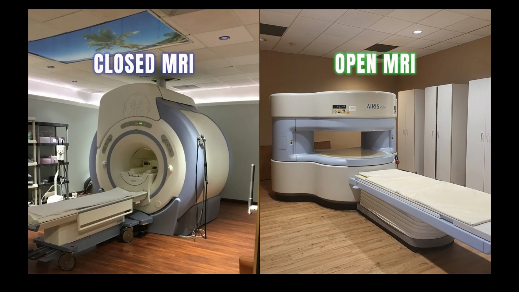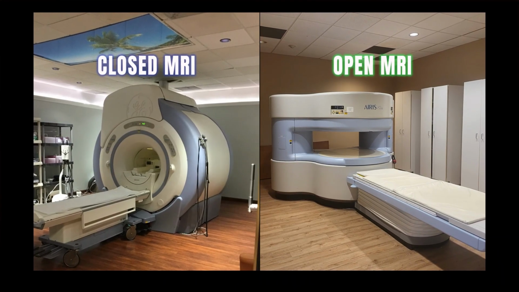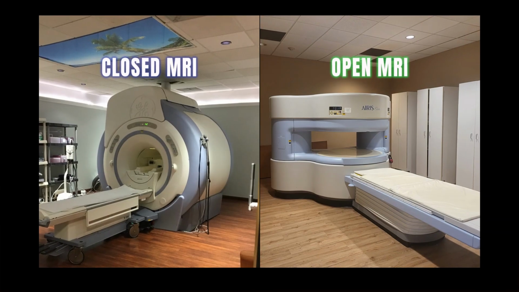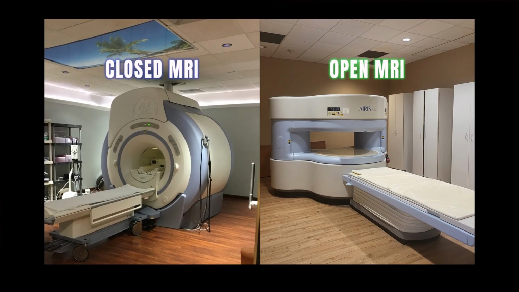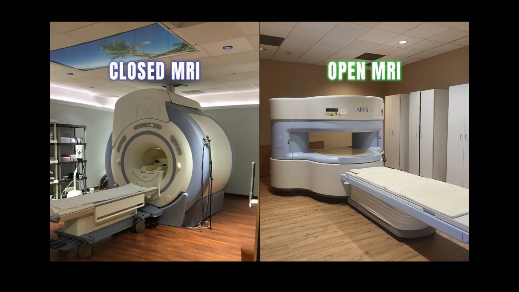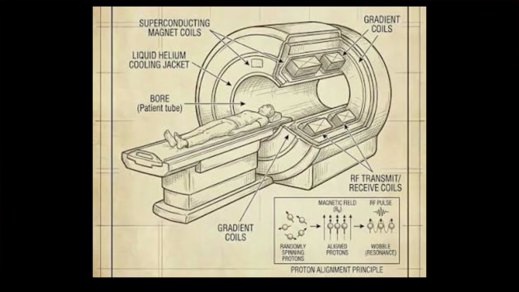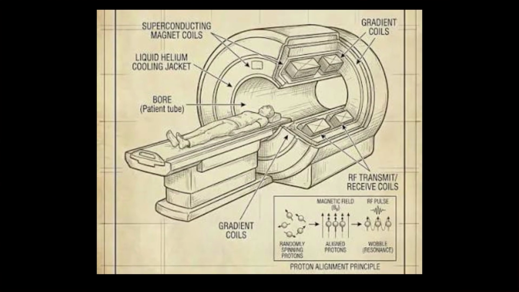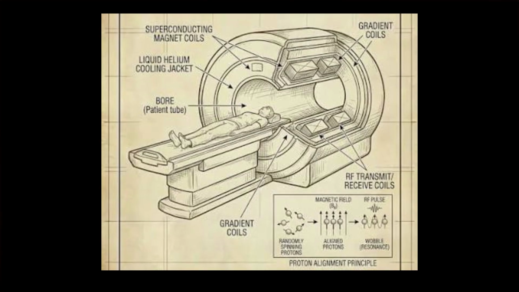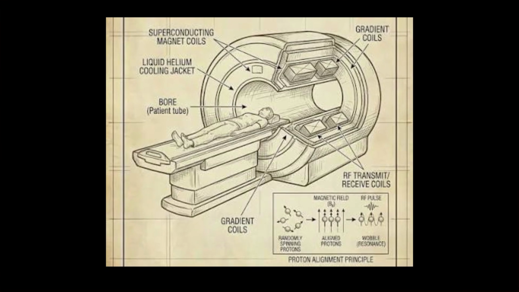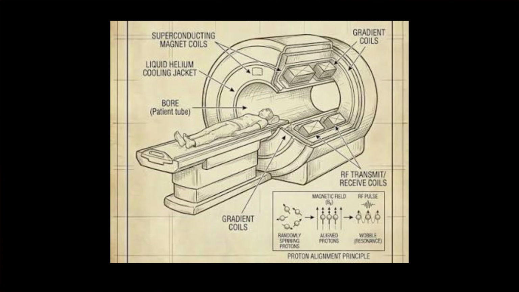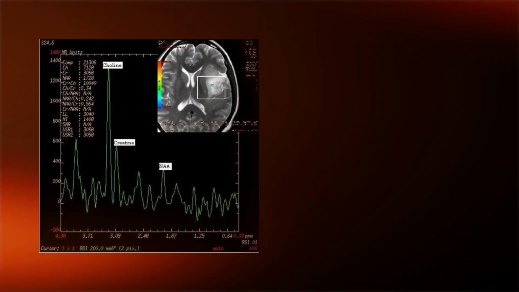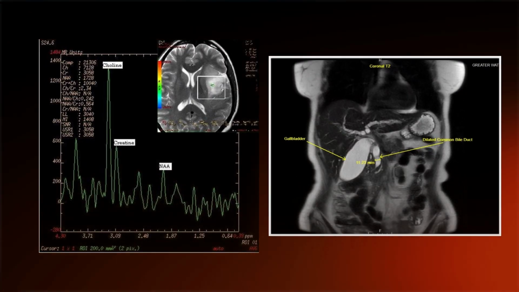Just like you see on my screen, again, there are two types. We have the closed MRI and we have the open MRI. The closed MRI uses a helium-cooled superconductor, which is in here and can raise magnetism of 1.5 to 3 Teslas. That enables us to do full examinations like the spectroscopies and the MRCPs.